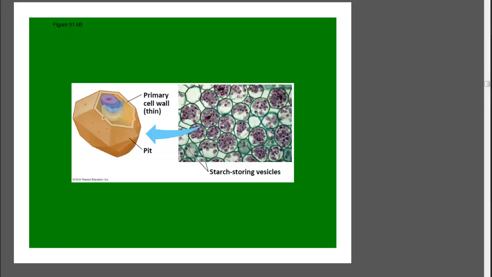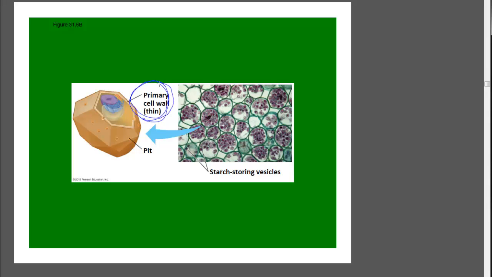So our parenchyma cells are actually the most abundant cells that we see in the plant structures. So we see these throughout the majority of the plant. They tend to have a very thin cell wall. This will be one of our identifying characteristics of a cell type, how thick that cell wall is.